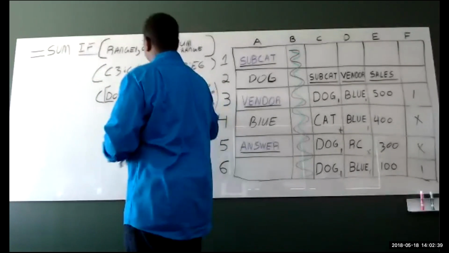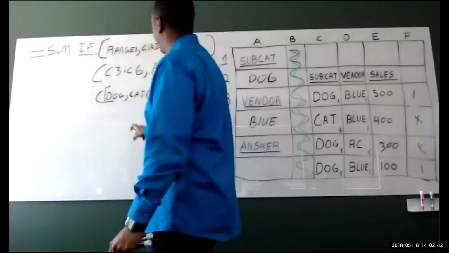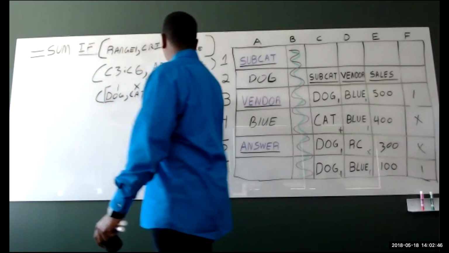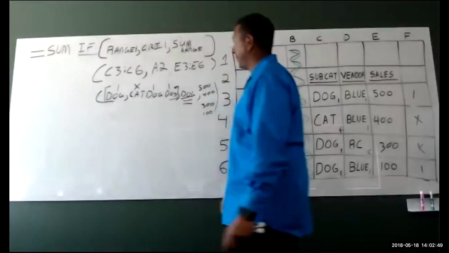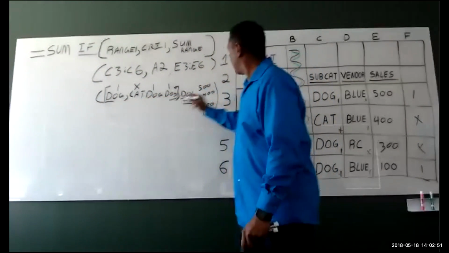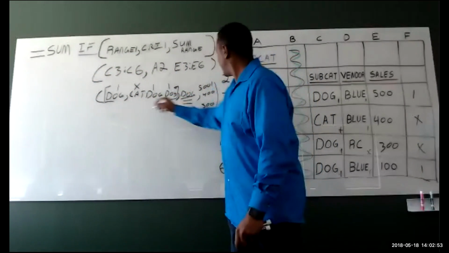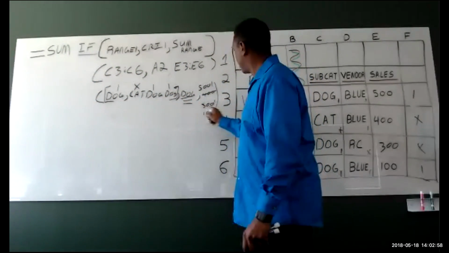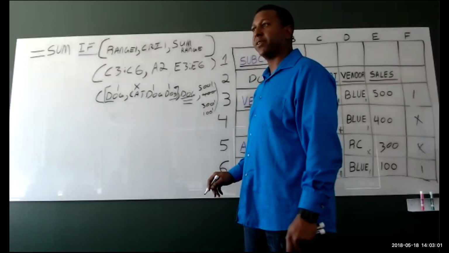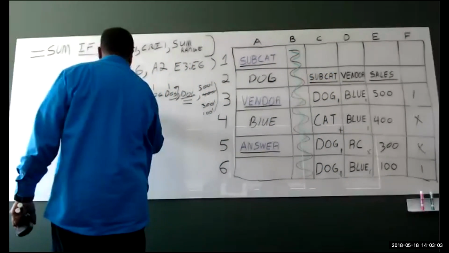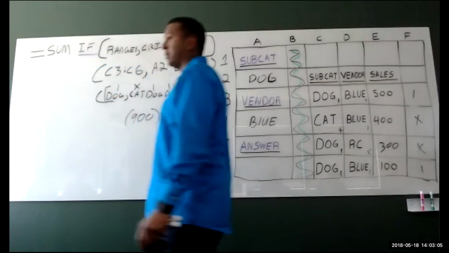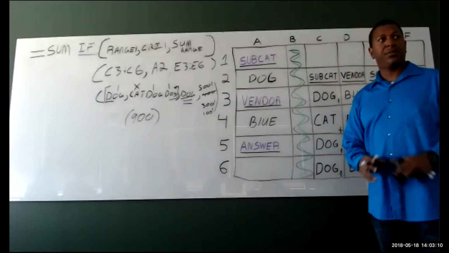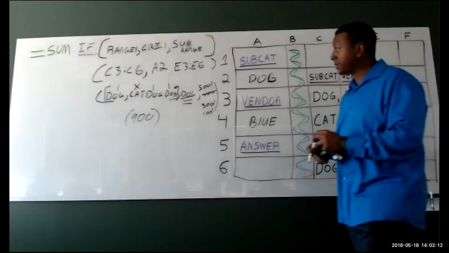Okay? Then Excel says, okay, this is a go, this is not, this is a go, this is a go, according to the criteria here. It adds all of them up together to get you the 900. Right? That's what a SUMIF does. And that's the way Excel reads it.